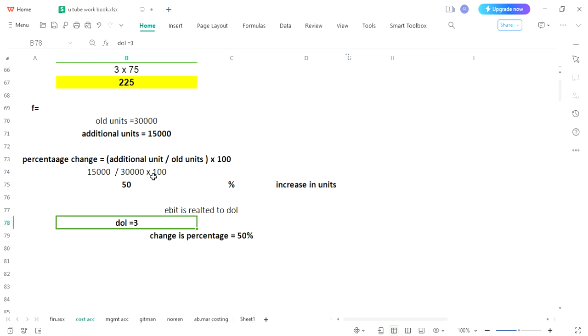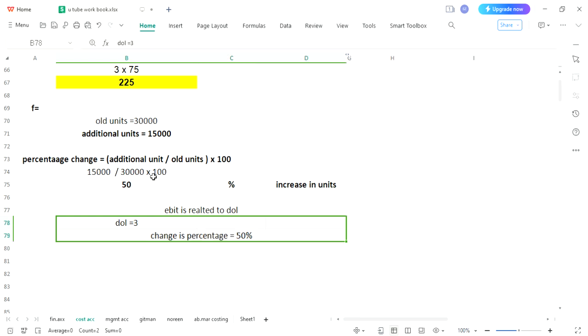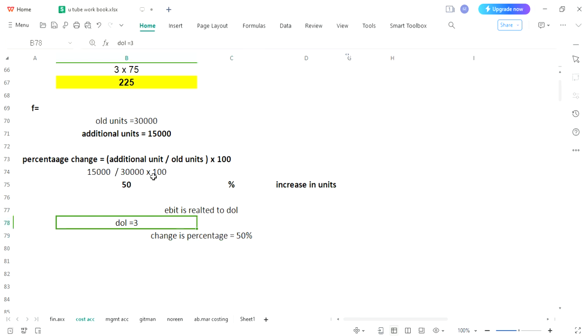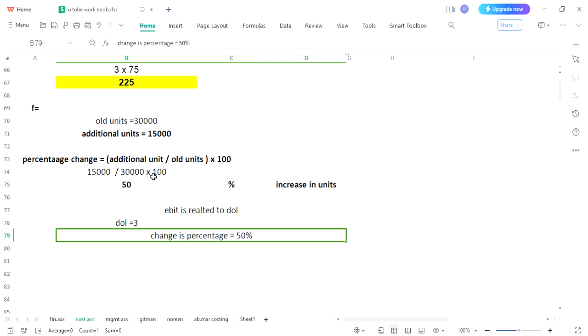So these are two important factors which you will have in your mind. Degree of operating leverage, which was already calculated, was 3, and change in percentage is 50%.